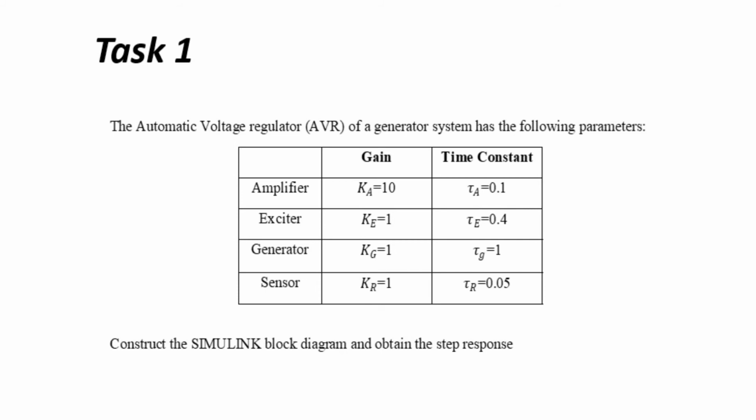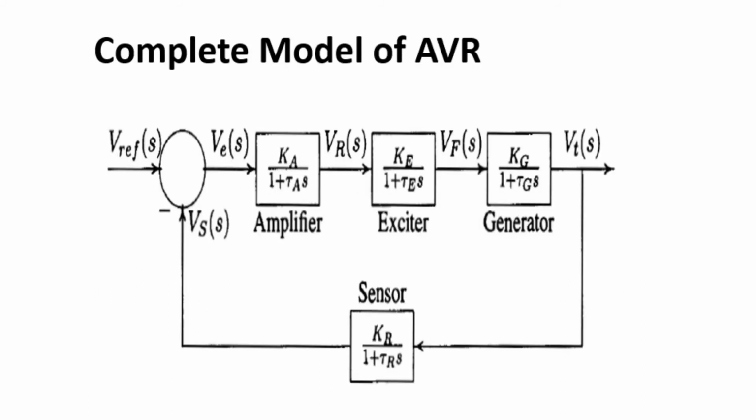The gain and time constants for all are shown here in the table. As we have already discussed and modeled the automatic voltage regulator, this is the complete model, which was already discussed in our previous slides.